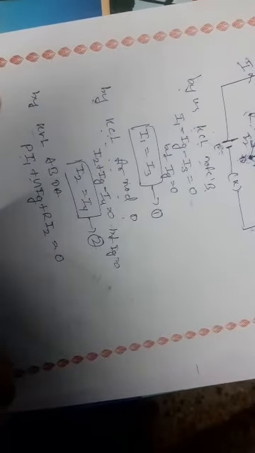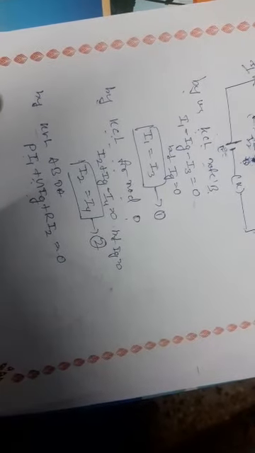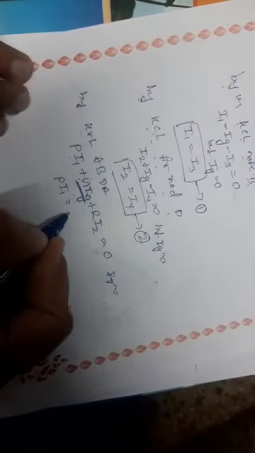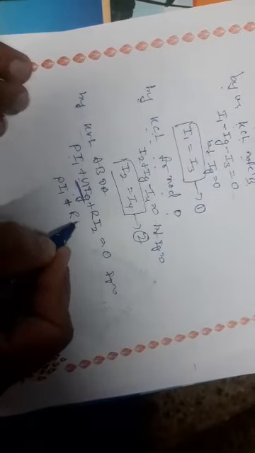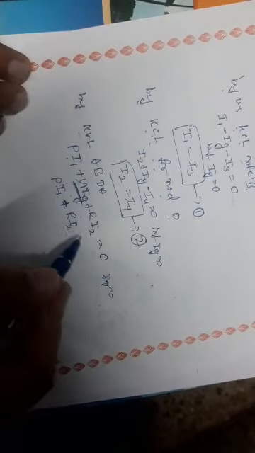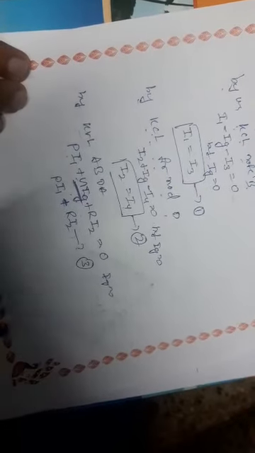So P I1 plus G Ig minus I2 R is equal to 0. But the current through the galvanometer Ig is equal to 0, so that term is 0. Finally, P I1 is equal to R I2. That is equation number 3.